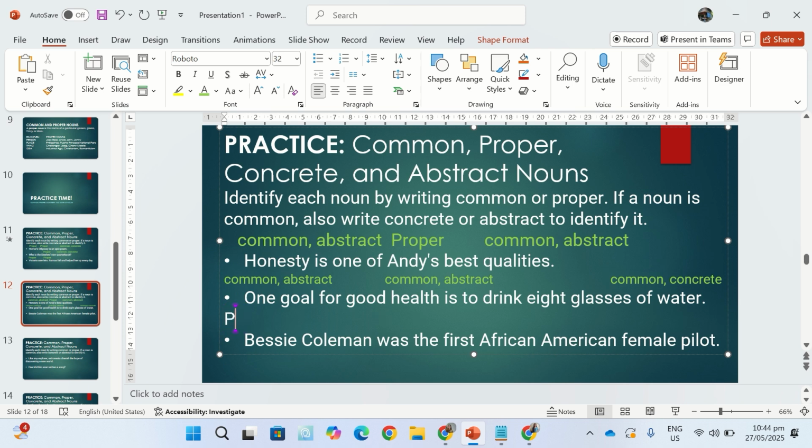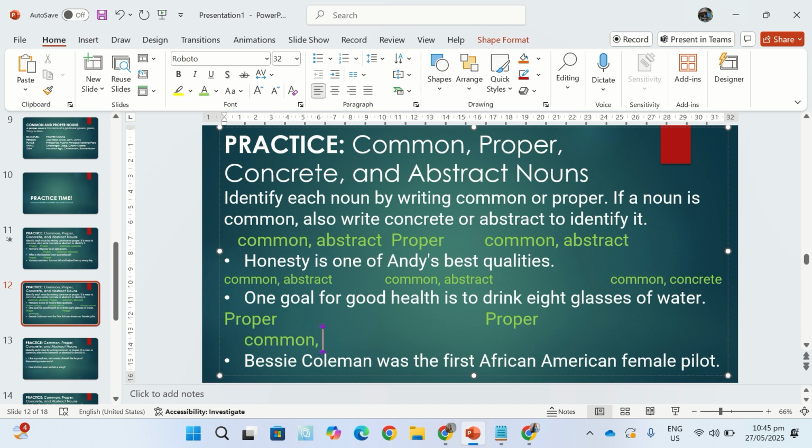Another, Basic Element, it's a proper noun. Why? It's a particular name of a person. What about the African American? Written in capital letter, so proper. And the last one is the pilot. It's common and concrete because we can see it.